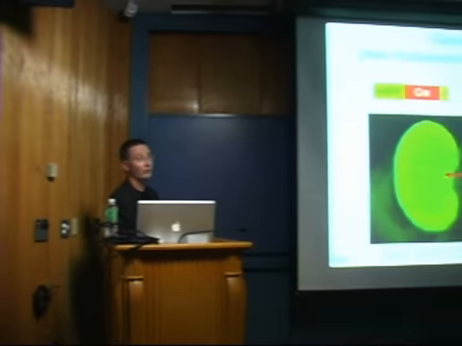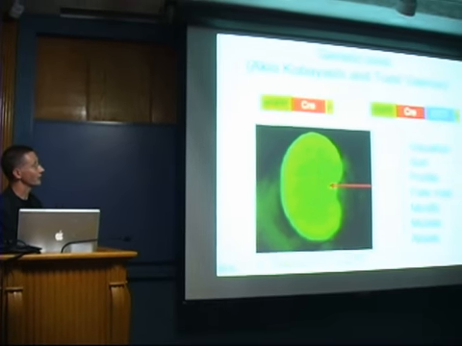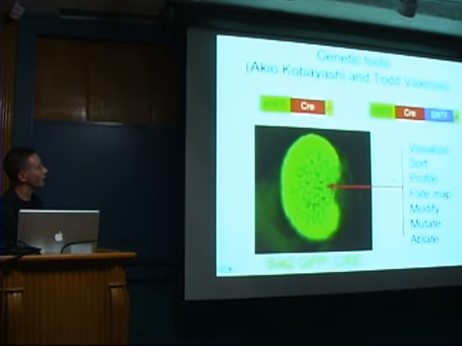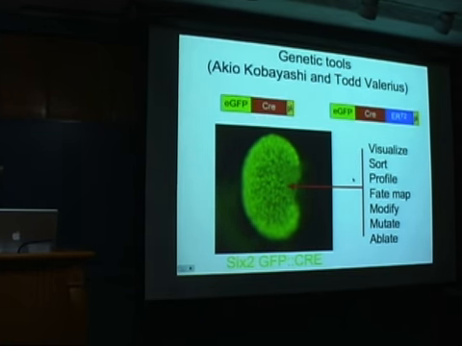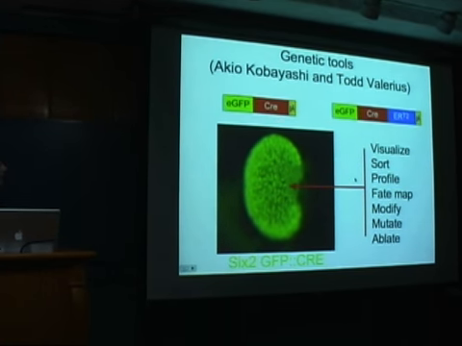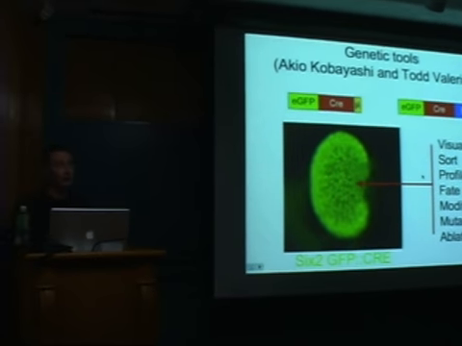So this fusion protein is a fusion of a protein that fluoresces green, literally, and a protein Cre, which is a recombinase from bacteria whose job is to cut DNA at a particular recognition sequence.